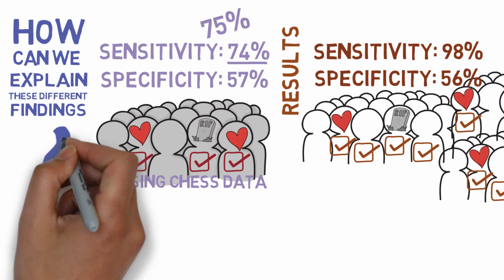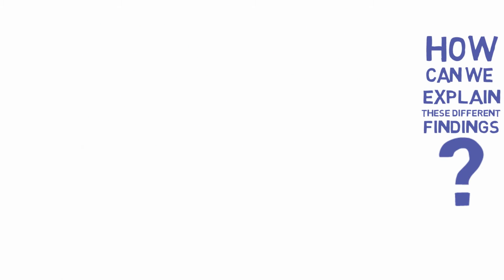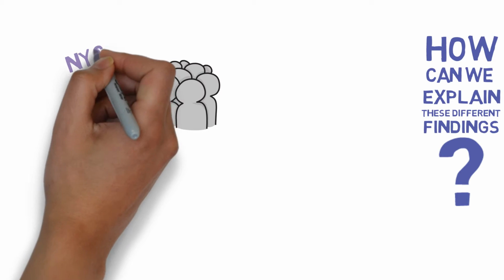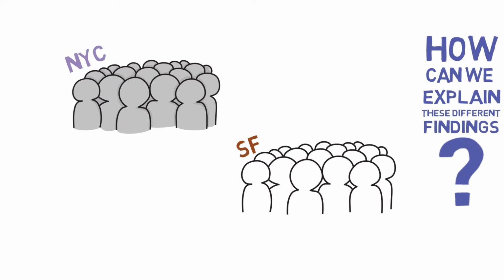So how do we explain the different findings in these two studies? It could be as simple as understanding the differences in the two populations that were used to test the rule. The rule was initially derived and tested on the San Francisco population.